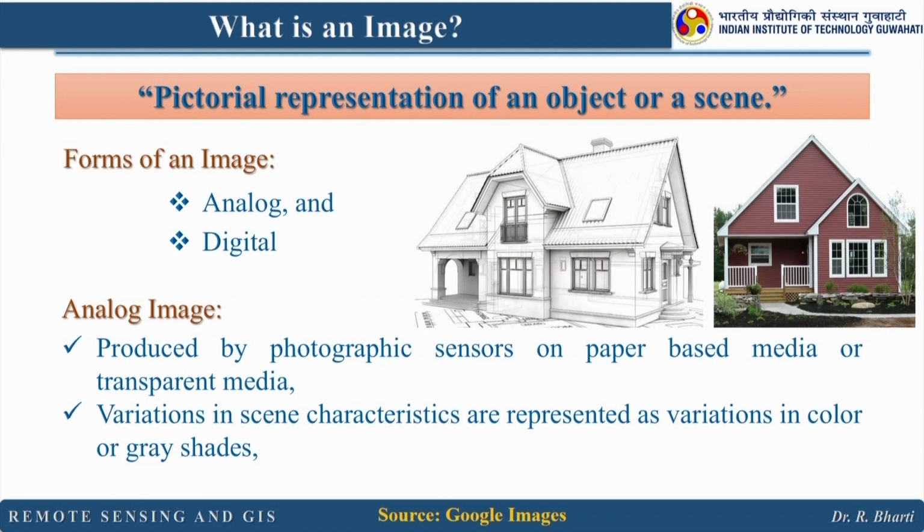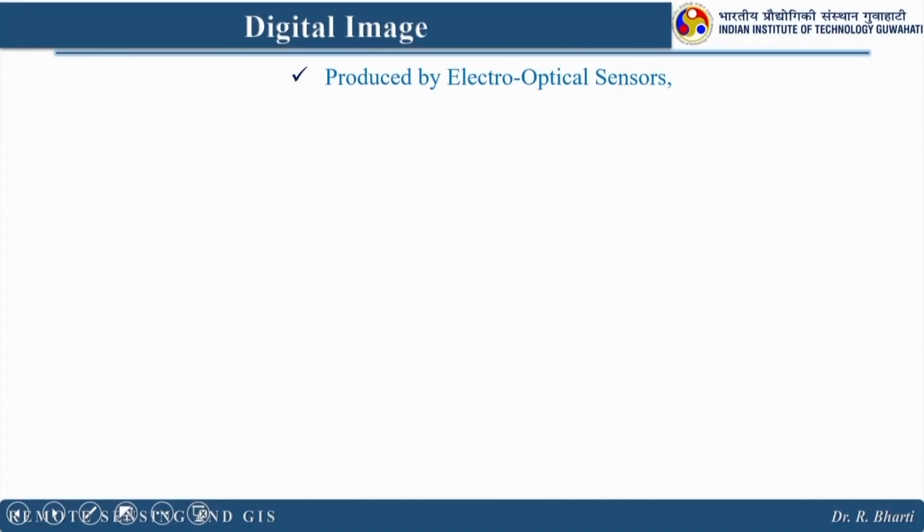So it depends on our capability how well we can depict or represent the variation of an area or of an object, whereas in a camera it depends on the technical specification of that camera, how well it can acquire or how good images it can produce. Digital images are produced by electro-optical sensors.